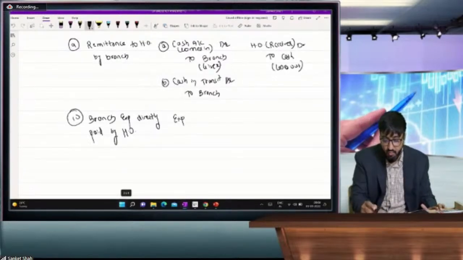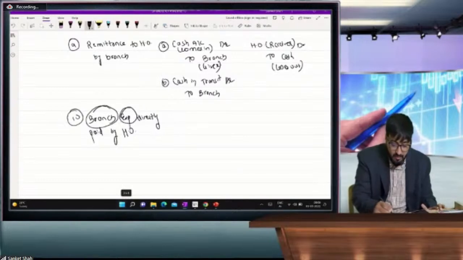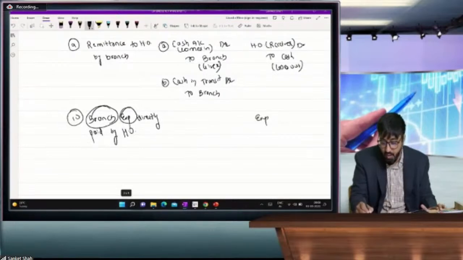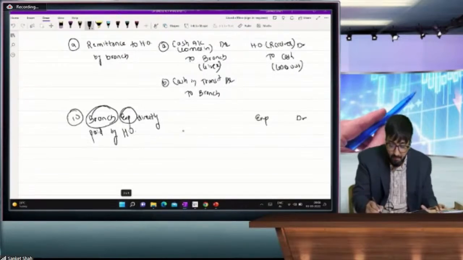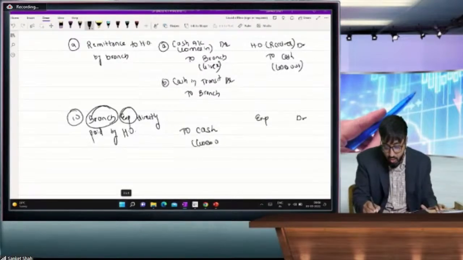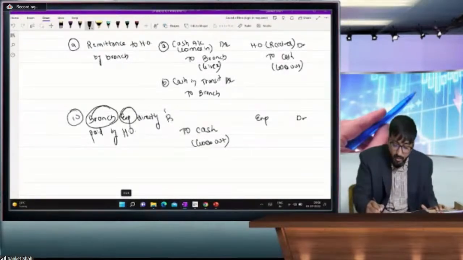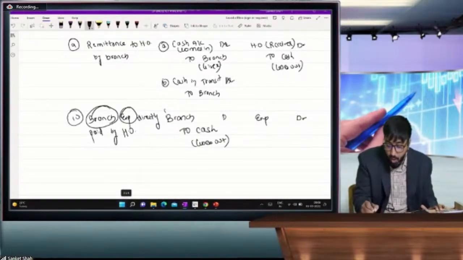Expenses account. Whose expenses? Branch expenses. So expenses account is debited by branch and payment is made by HO. So HO will write cash goes out, and afterwards it collects it from branch.